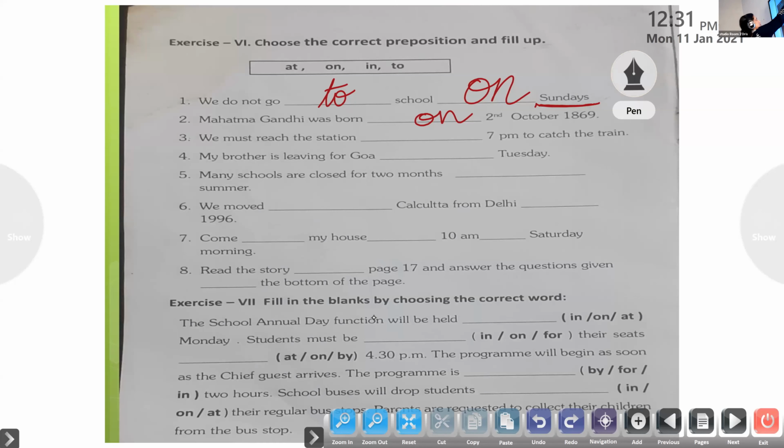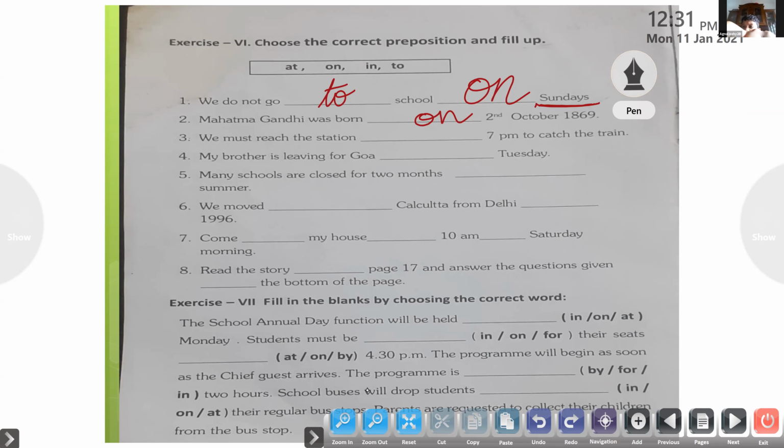Agnel Joshi, unmute it. We must read the third question loudly, Agnel. We must reach. Reach is reach.